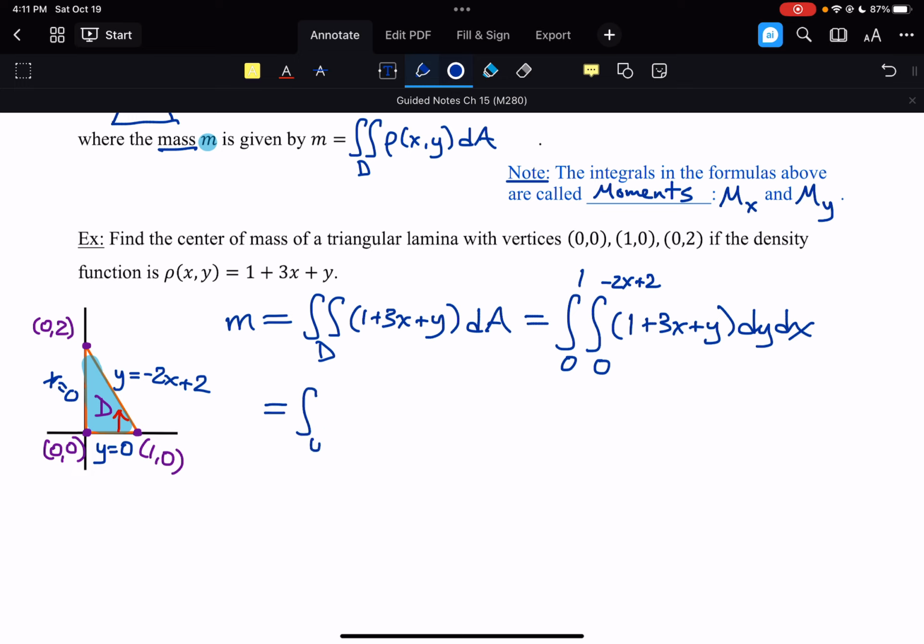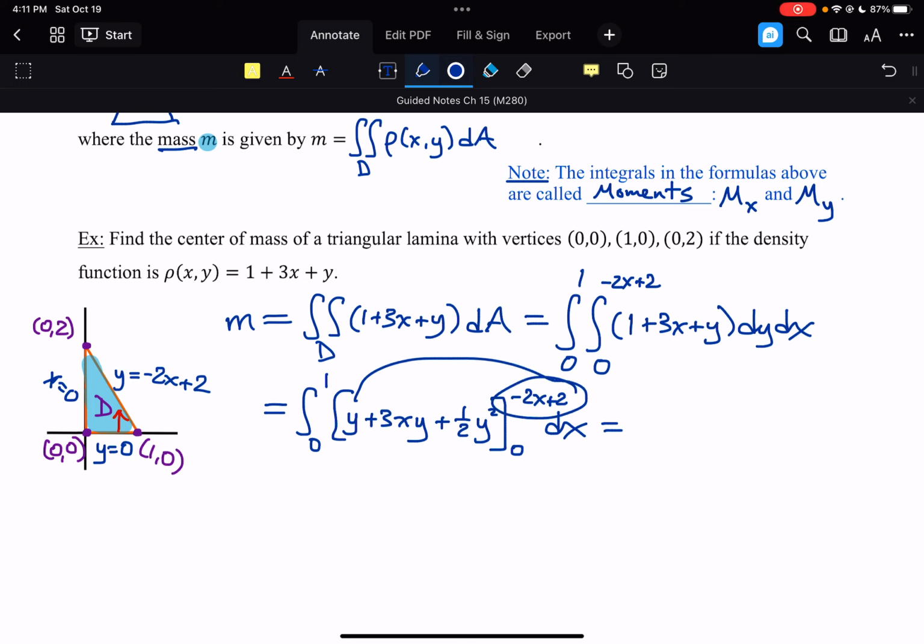So we can go ahead and evaluate that innermost integral with respect to y. That's going to be y plus 3xy plus 1/2 y squared, evaluated from 0 to negative 2x plus 2, dx. We would substitute this in to every y value, and then sub in the 0.